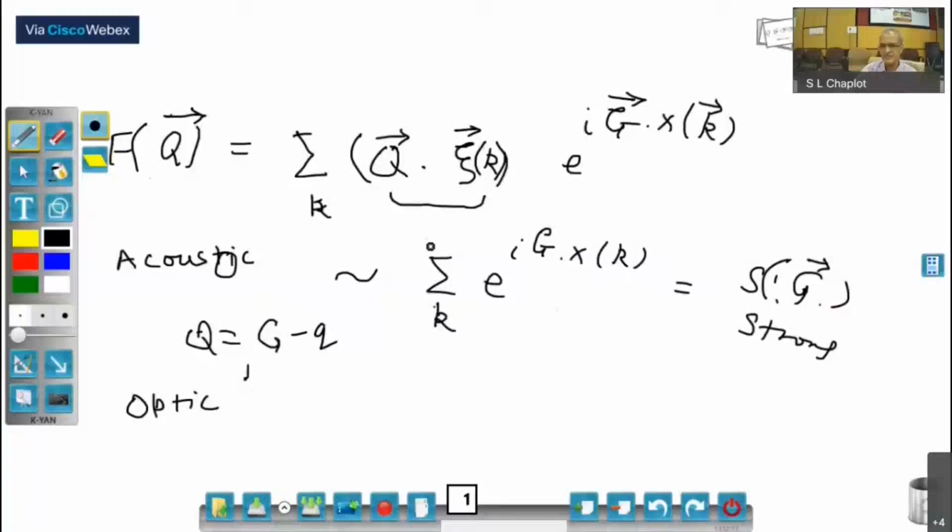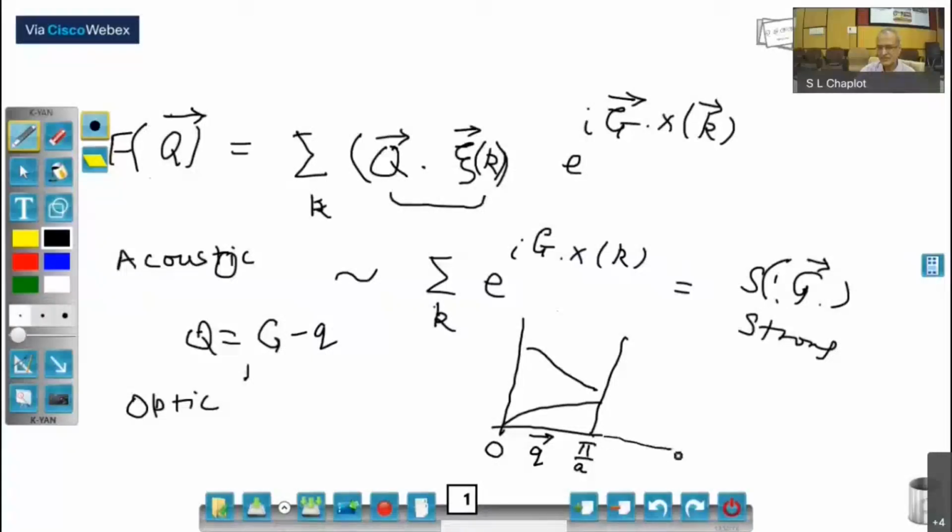Okay, so we will come back to this issue slightly, but for example, here what we can say is that sometimes there are phonon branches which are like this. This is q. This is the zone center. Let's say this is the zone boundary, pi by a.